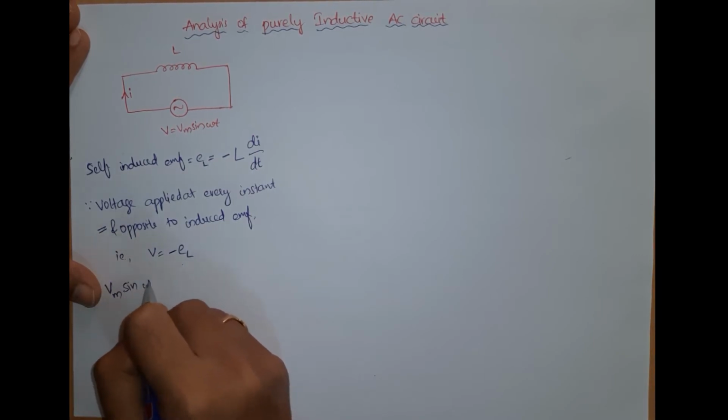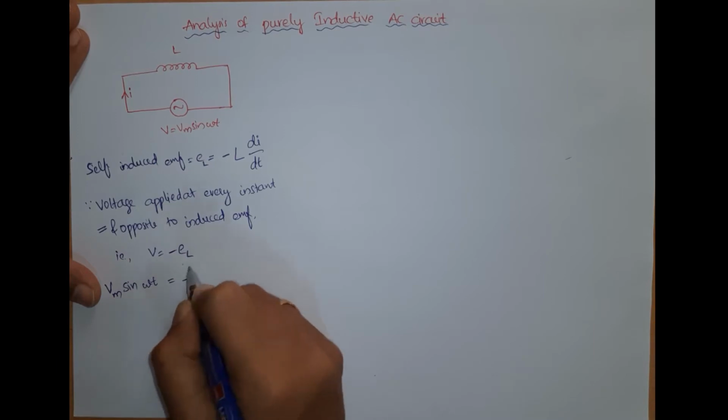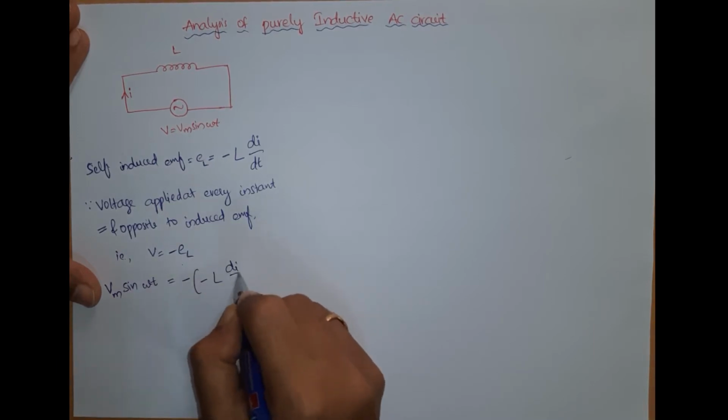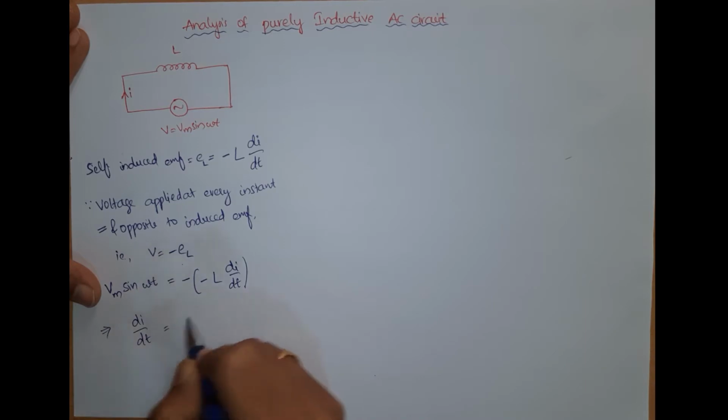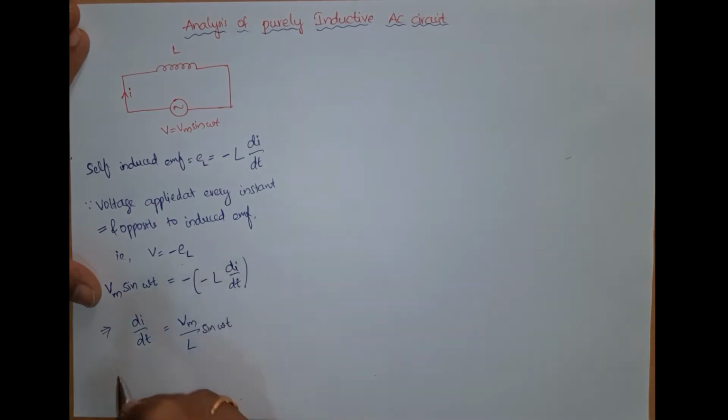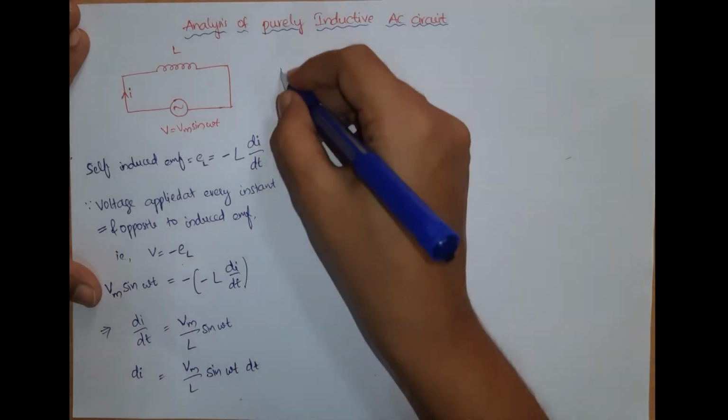Now V is Vm sin omega t, and minus of EL is minus L di by dt. From this I will be getting di by dt equals Vm by L sin omega t, so di equals Vm by L sin omega t dt. Fine.